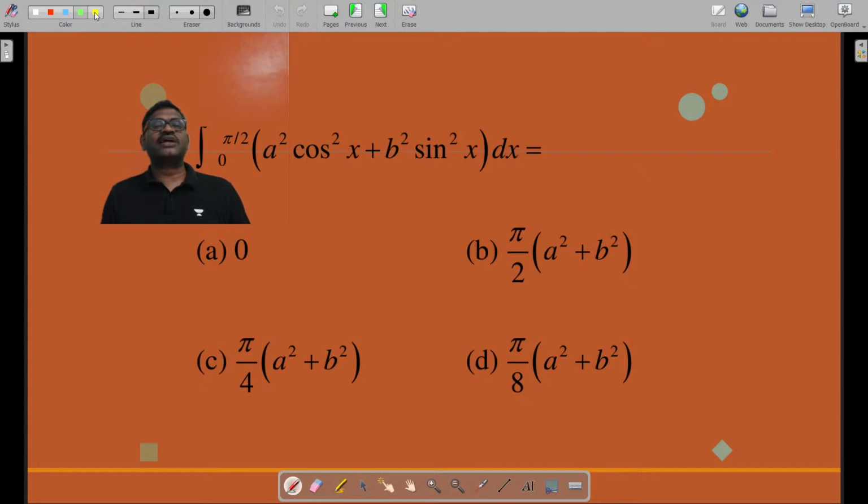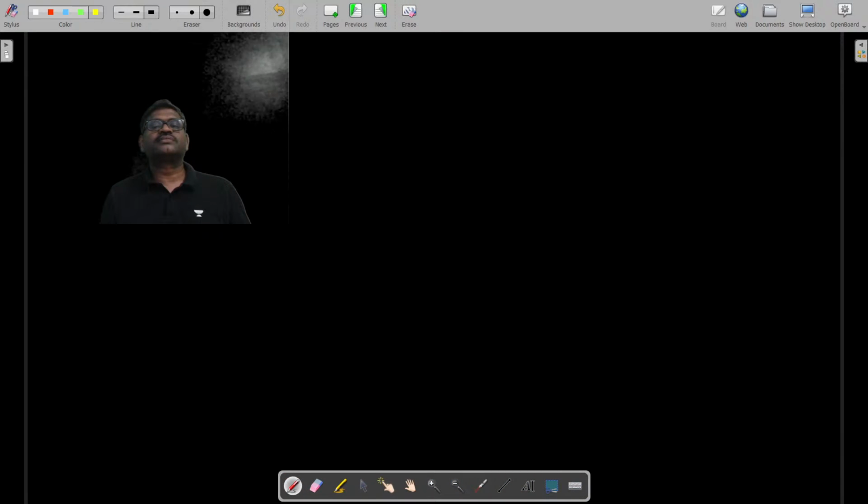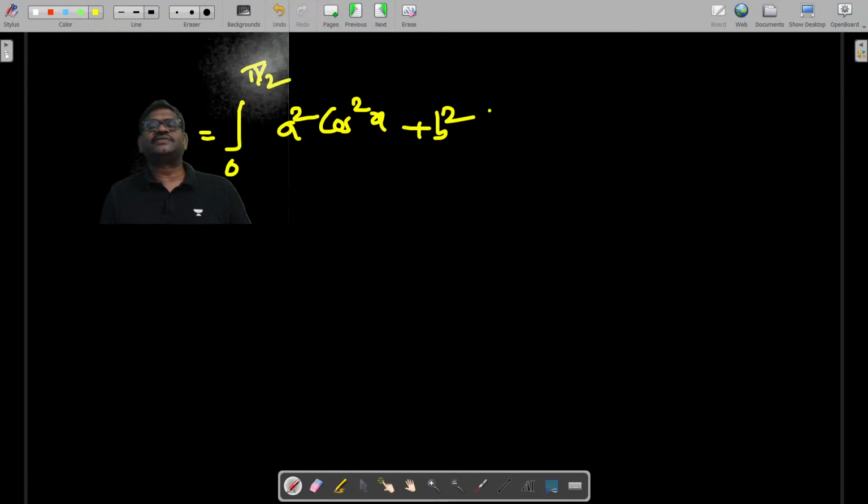First you have to call the given integral as I. I equal to integral 0 to pi by 2 a square cos square x plus b square sin square x dx. Called it equation 1.